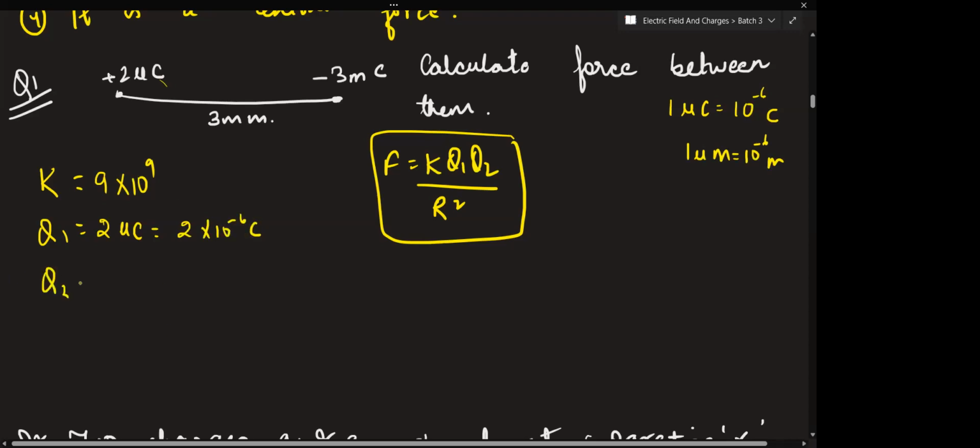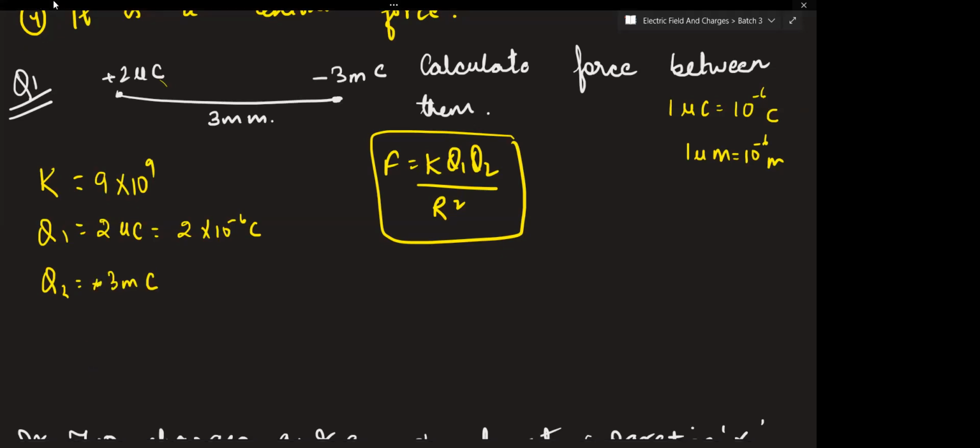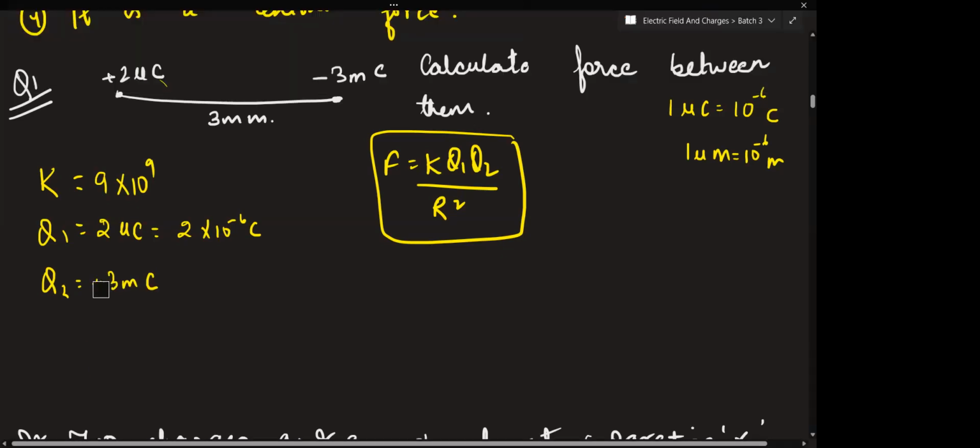Regarding Q2, what is the charge that I should take? -3 millicoulombs. See, this is -3 millicoulomb. But as I've told you, in case of Coulomb's law, we do not take the negative sign or positive sign because we only take the magnitude of the charges.